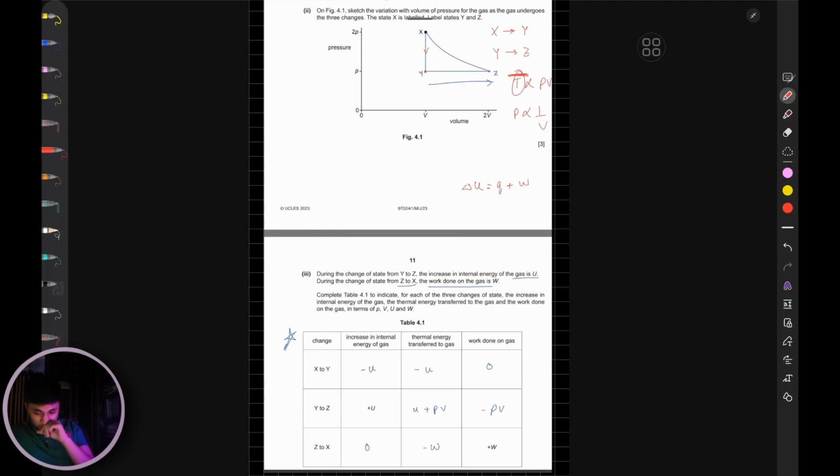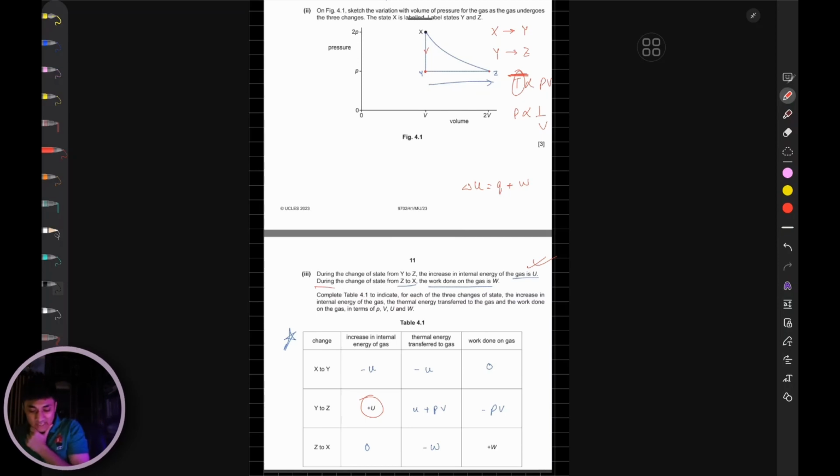So they're telling you that from Y to Z the internal energy is increasing by a value U. They've already provided that value in the chart. This part is done.